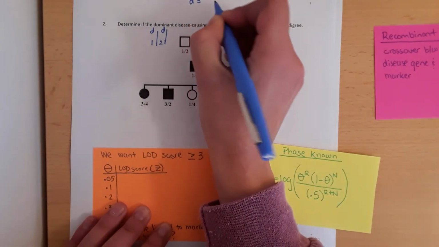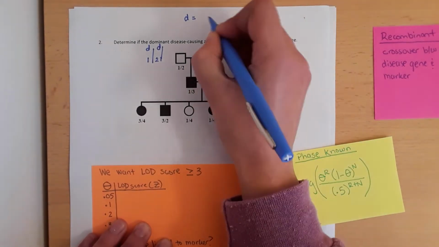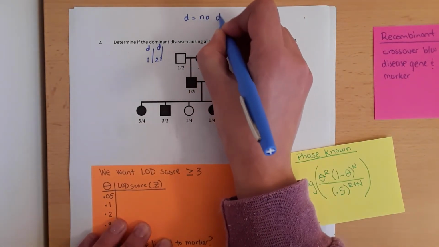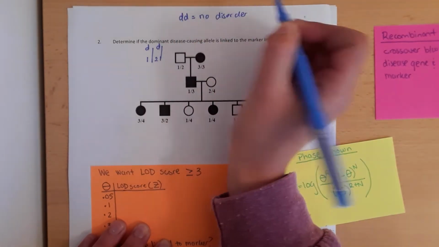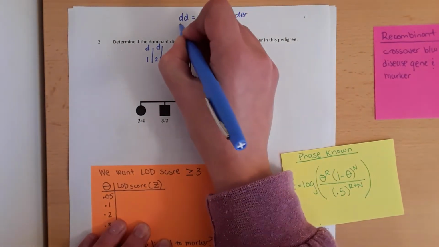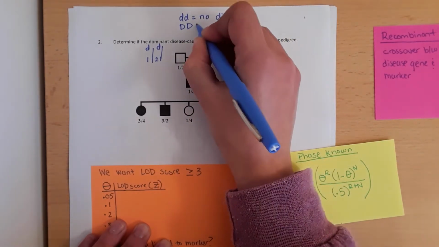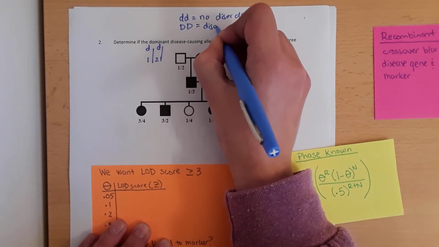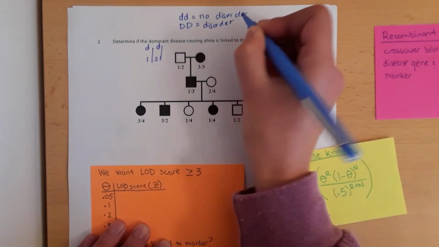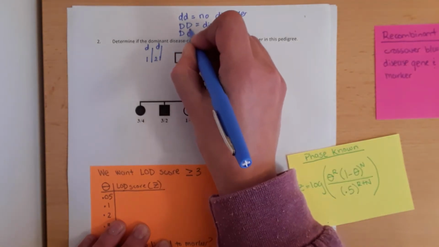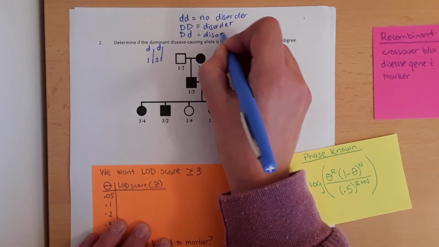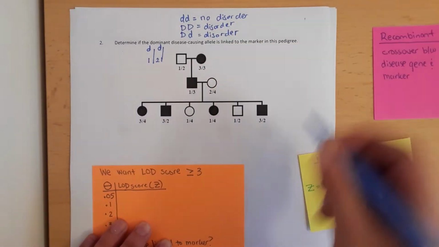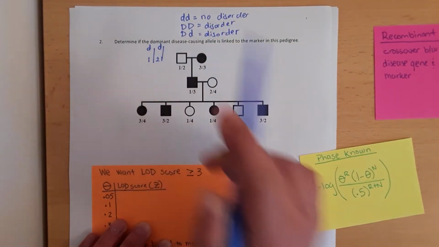I'm going to write over here, a little d means no disorder. DD means no disorder. 2 capital D's mean that you do have the disorder. And if you have a capital D, lowercase d, you still have it, and you're shaded in because it's a dominant disease.